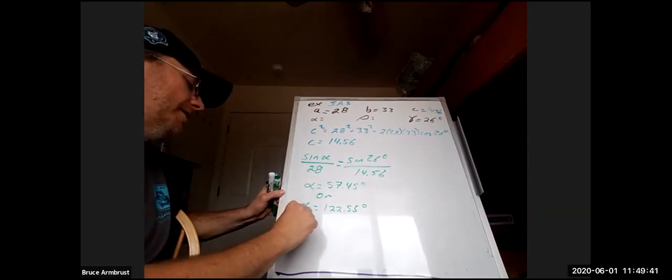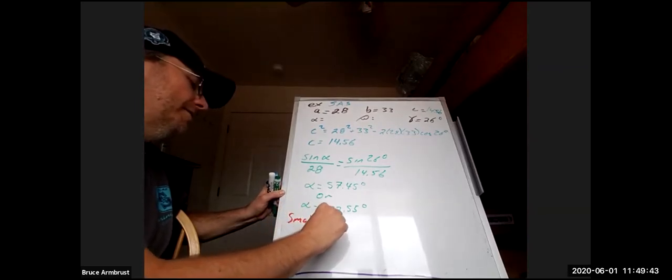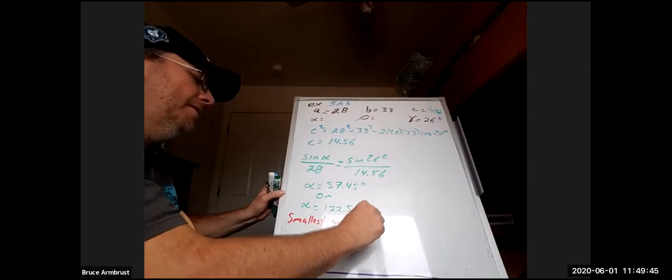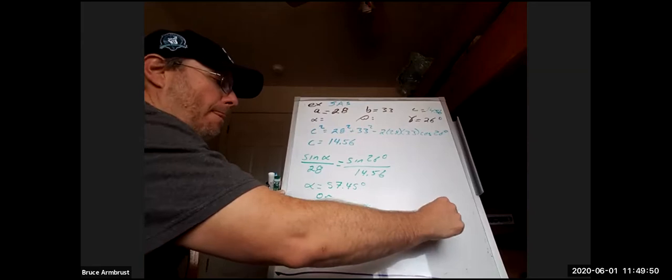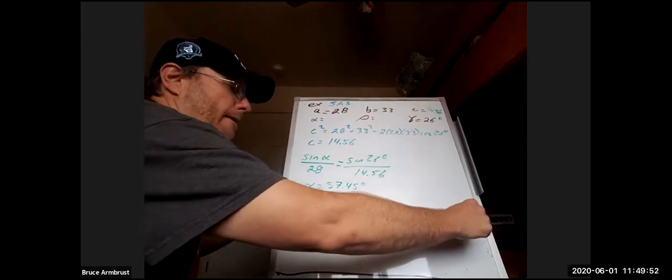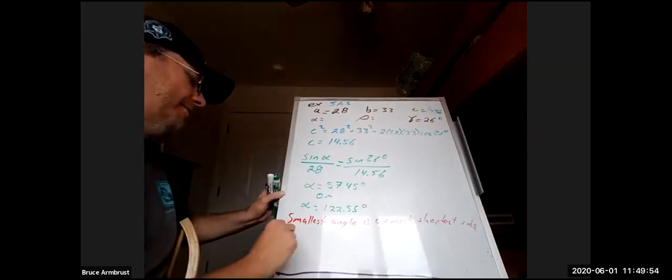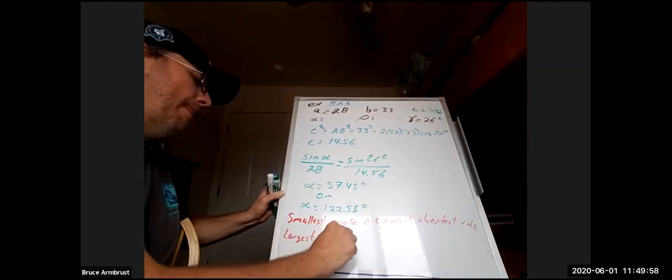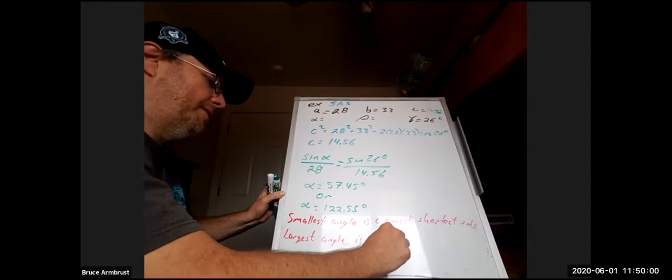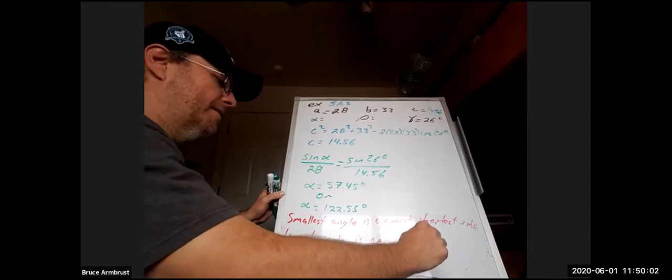So the smallest angle is opposite the shortest side. And similarly, the largest angle is always opposite the longest side.